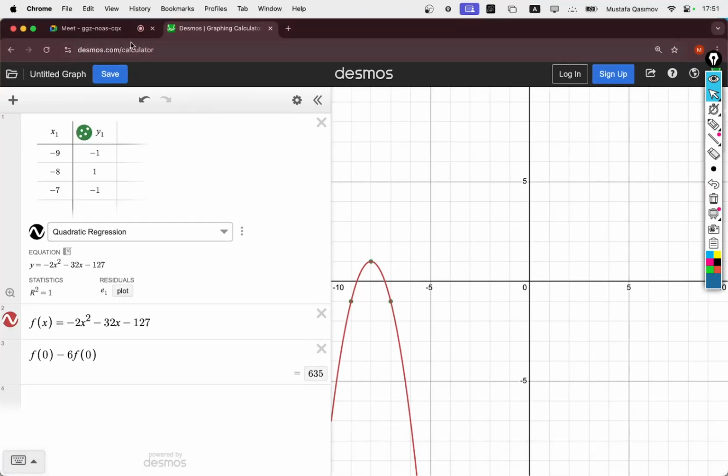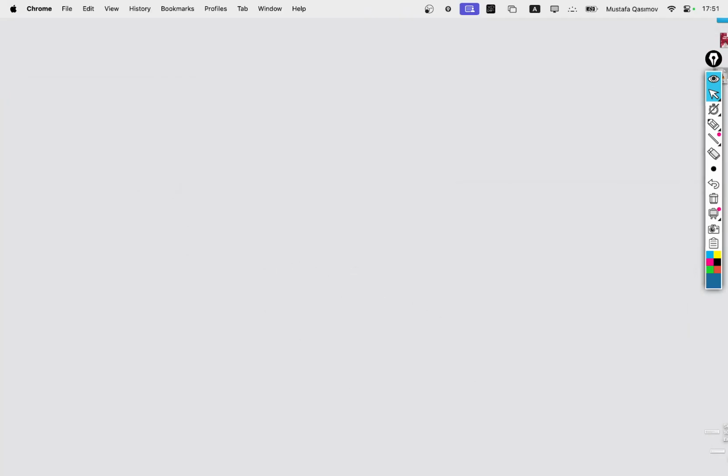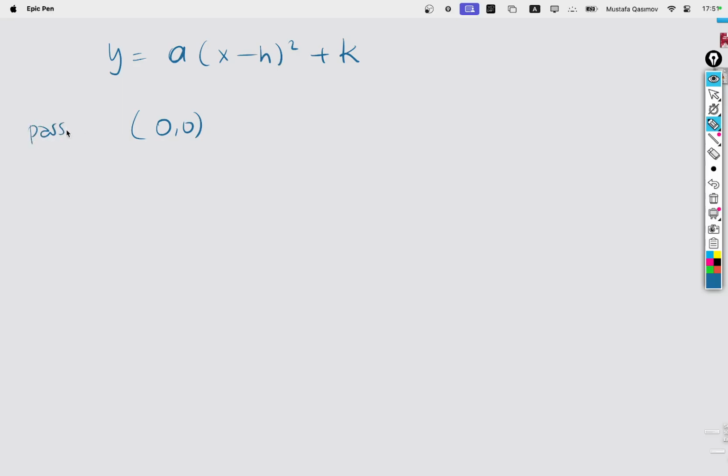Okay, I am giving you one more question and I am writing the vertex formula here. Let's say that we have a point 0. It passes through the 0 point, and the 0 point to 7,000, and (7,000, 0.2) is the vertex.